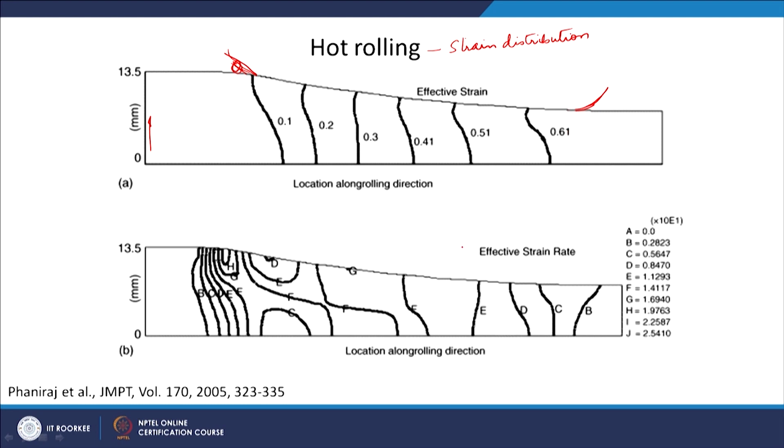In the second slide they are also trying to show you the strain rate distribution, and the values are given here. From A, which is 0 strain rate, to 2.5 into 10 to the power 1.